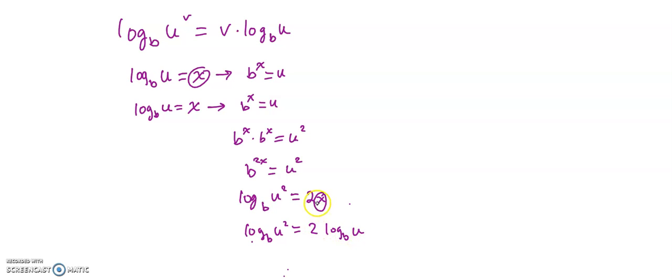Now, I did it for 2, right? And by creating 2 of these logs and calling them both log base b of u equaling x. Does it make sense that I could have done it for 3 logs, 4 logs, 5 logs, and it would have worked the same way? So that's why this rule of if the exponent of your argument is here, you can bring it down and make it a coefficient of your log. Let's try it in another one.